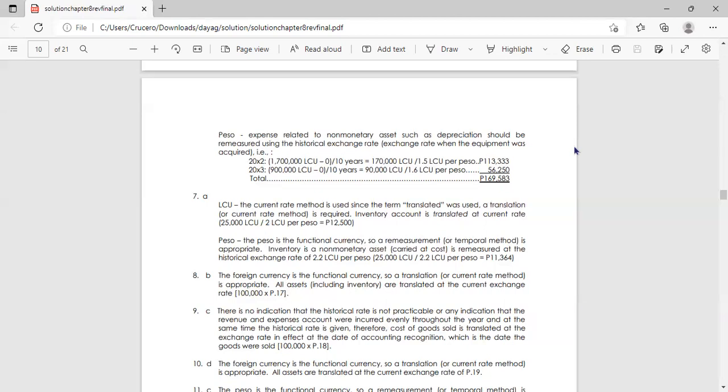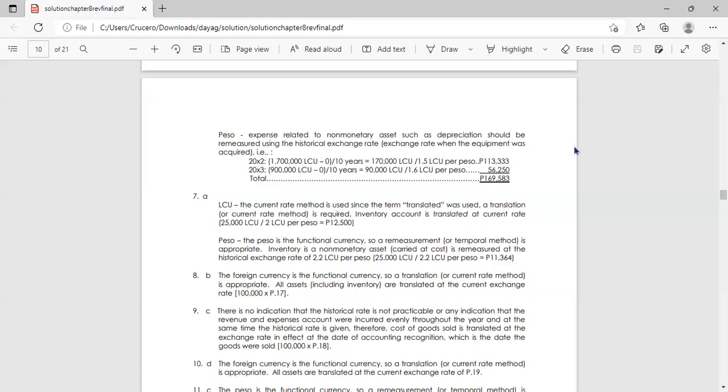The subsidiary paid for the inventory on January 31, 20x5. Current exchange rates between the peso and the foreign currency were as follows.